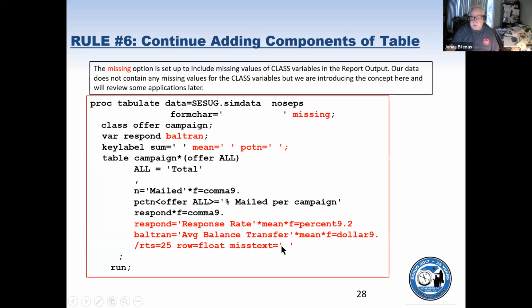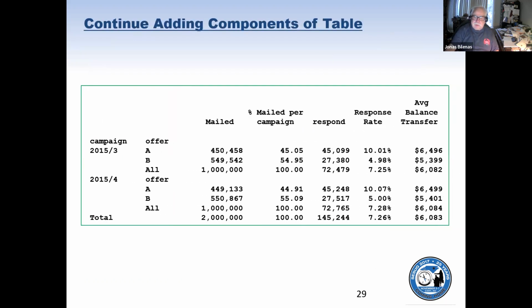After the whole table is specified, you can put some additional options. RTS is the right side, how many spaces on the right side for the first column, and I put like 25. Row equals float, I always forget what row equals float does, but you could play with including that to see the differences.